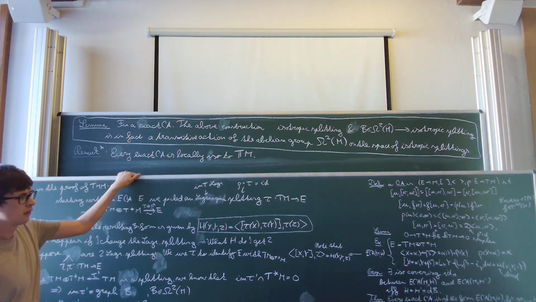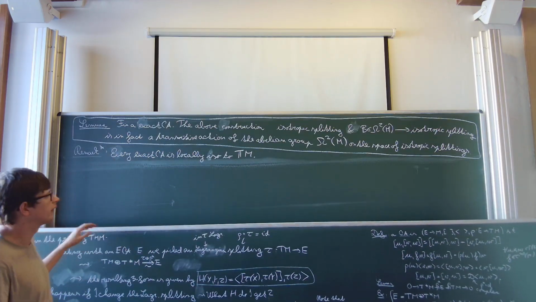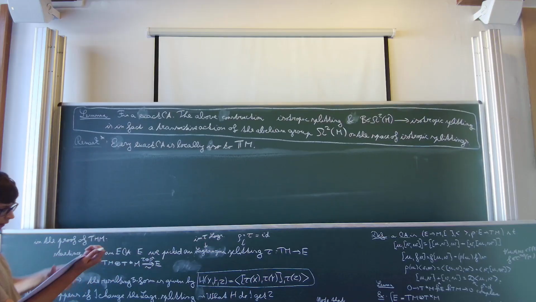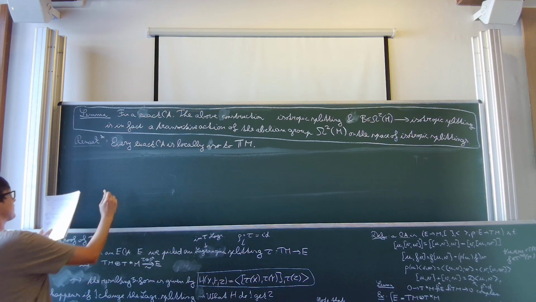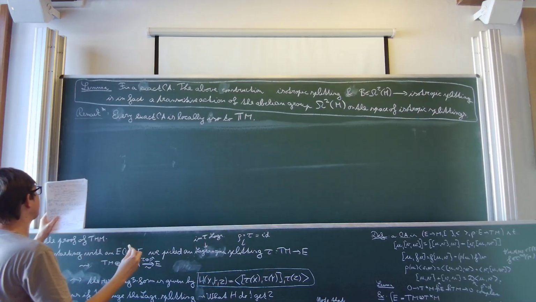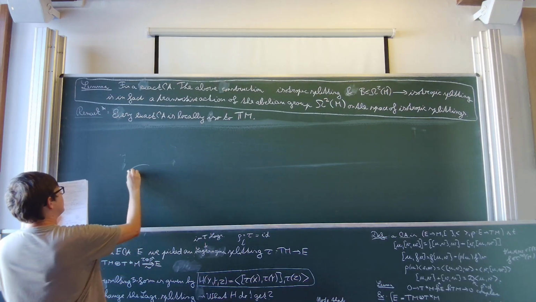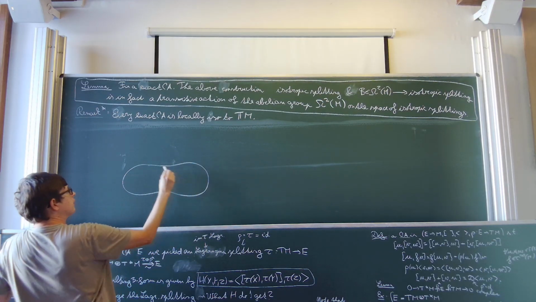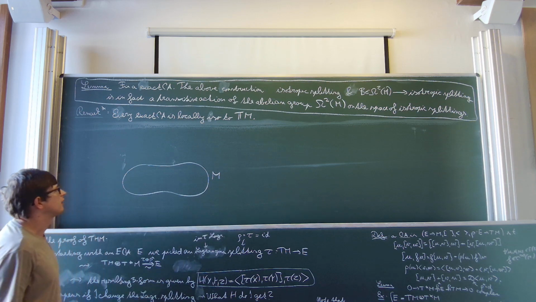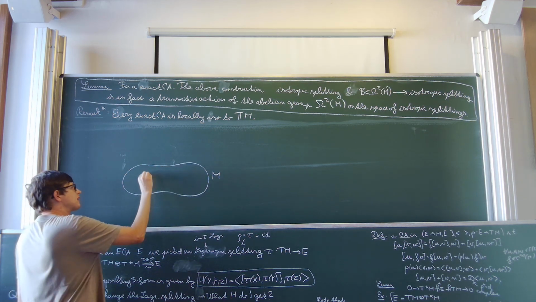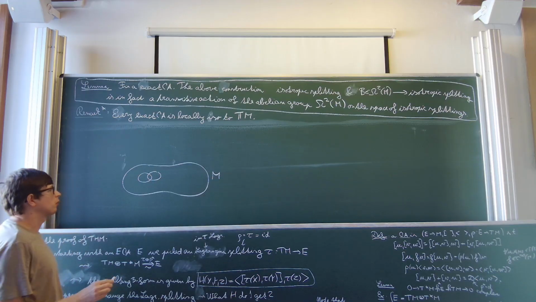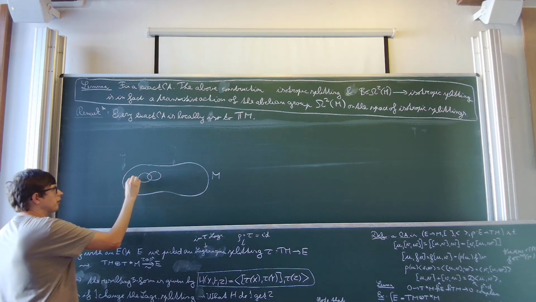Okay, so the problem comes if there is some topology. Now let me attempt to draw a picture. Let's say this is our manifold M, and let's suppose that I pick some cover, where all pieces are contractible or small enough.